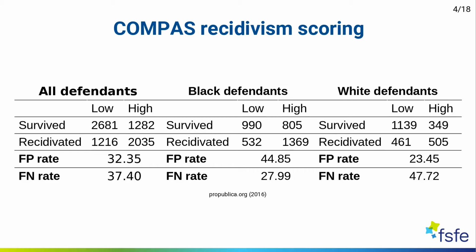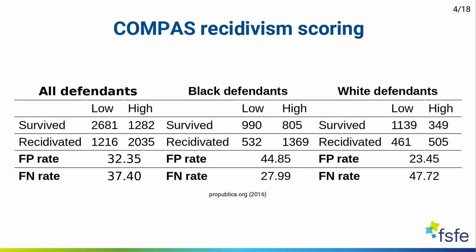To explain the concept of fairness in algorithms, I'd like to give you a few examples. The COMPAS recidivism scoring algorithm tells if criminals are going to recidivate their crime or not in some United States courts. The problem with this algorithm is that it had different performance depending on the skin color.